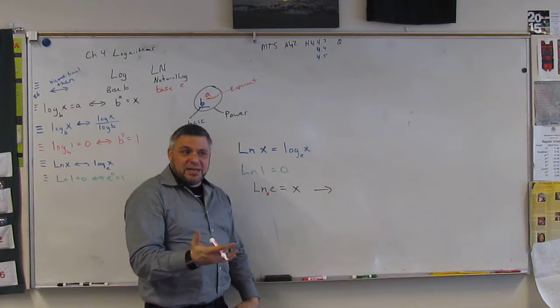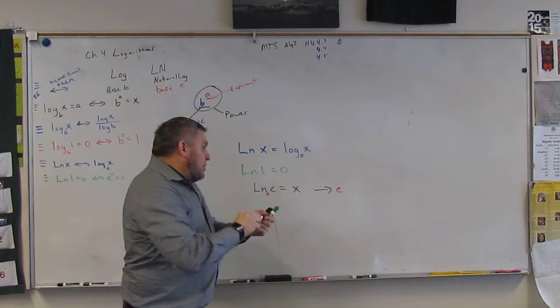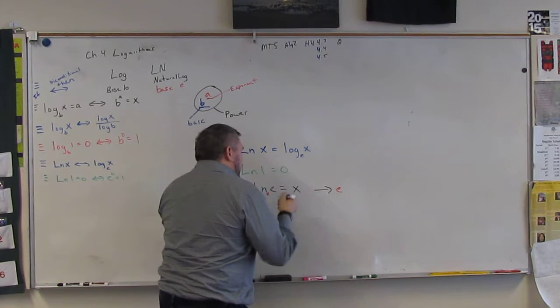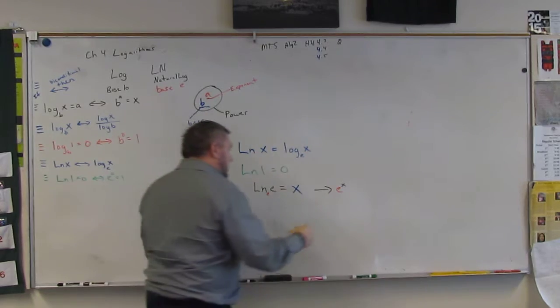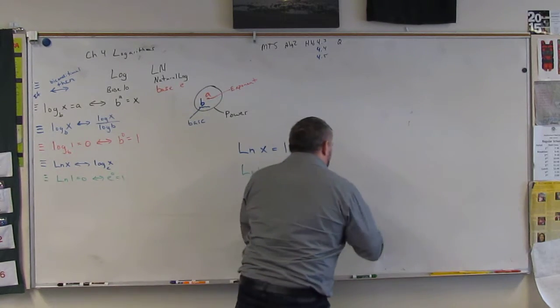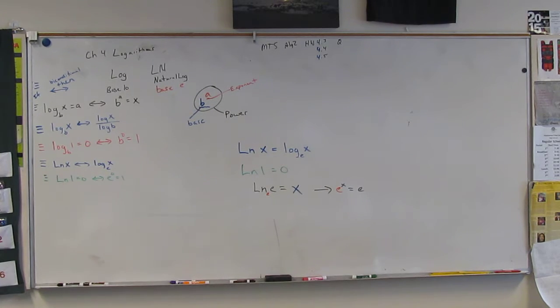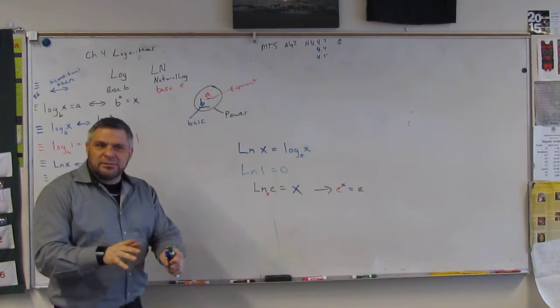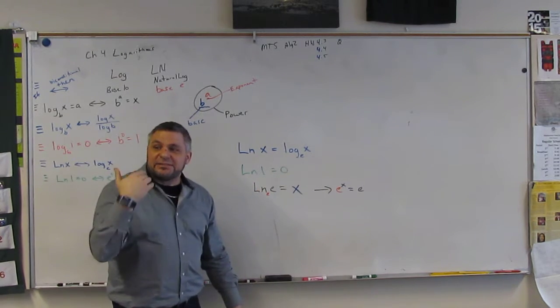It's the base e, right? So e raised to the x power is equal to e. So what does x have to be? For e to equal e, x has to be 1. Does that make sense?